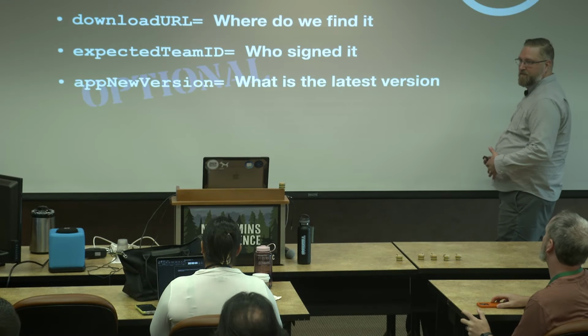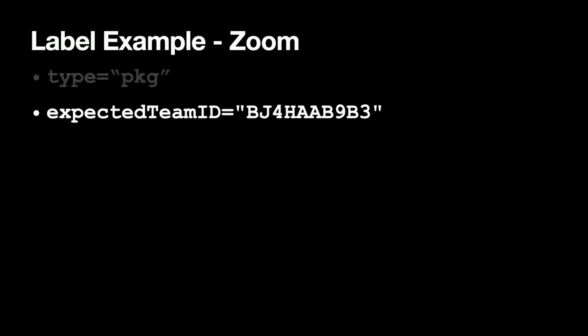This will be a string of code that finds what is the latest available version from the vendor of the software. I'm going to go into that more right now using the Zoom label as an example, not because I love their software in any way, but because it's just a really good example for the purposes of this talk. It is a package type installer, which is nice of them.